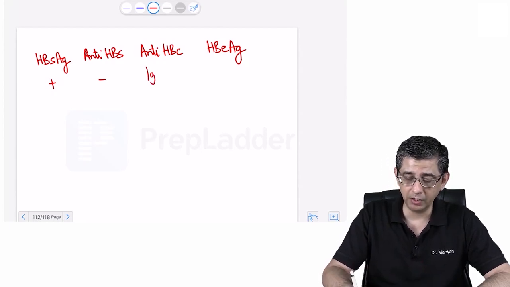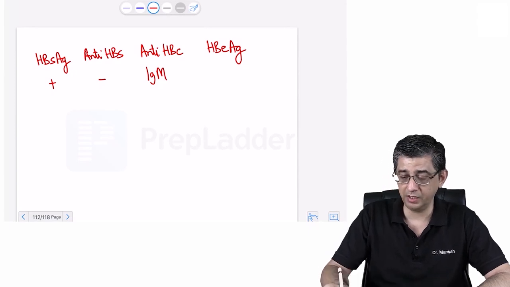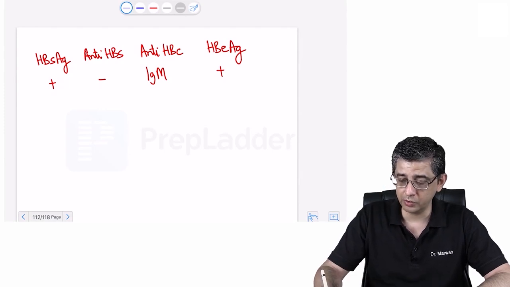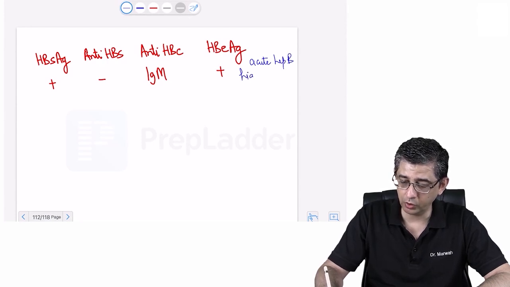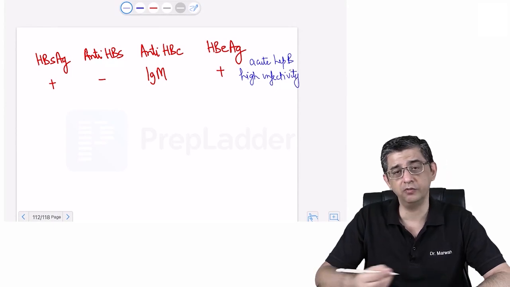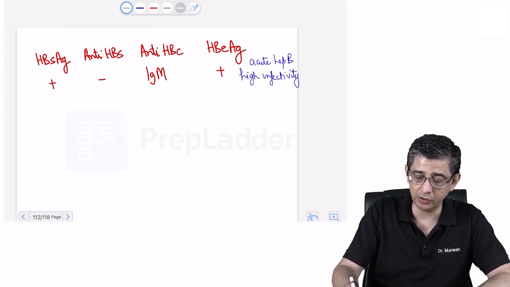At the moment, IgM class of antibody to core antigen is present and the virus is actively replicating. So my diagnosis of this guy would be acute Hep B, and because E antigen is positive, I will make a note saying that the person has high infectivity and the sample of this patient should be handled very carefully by my office.